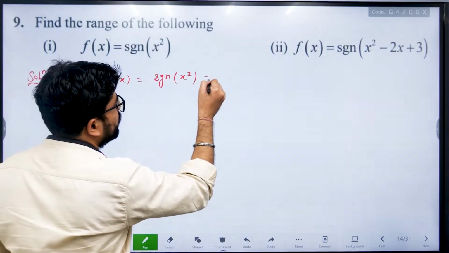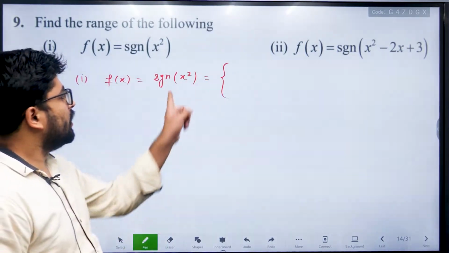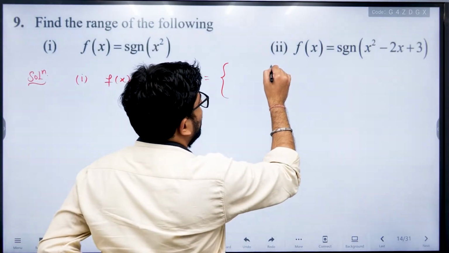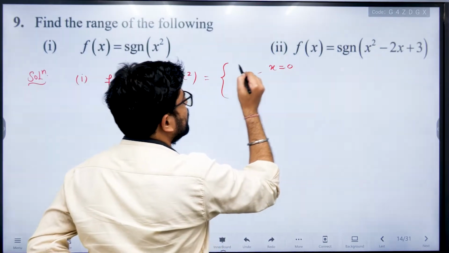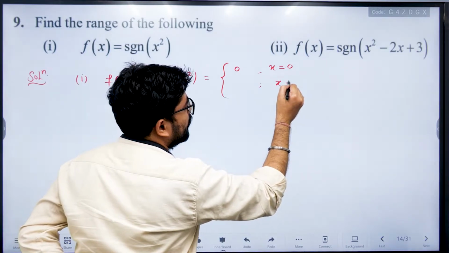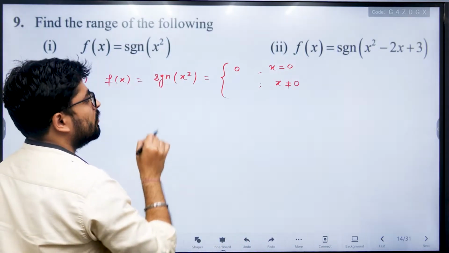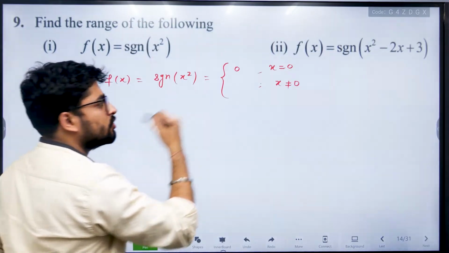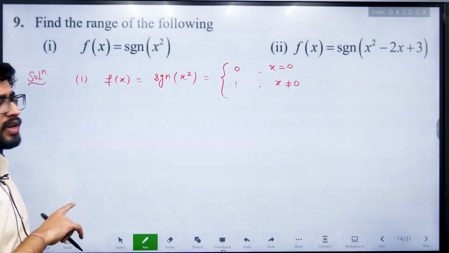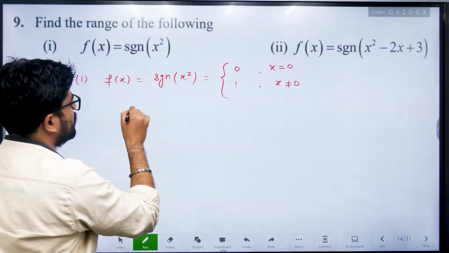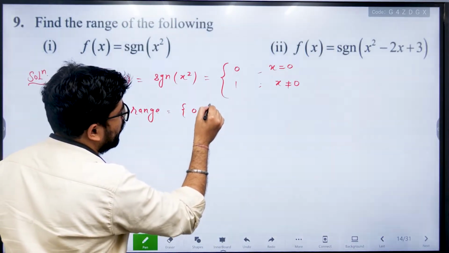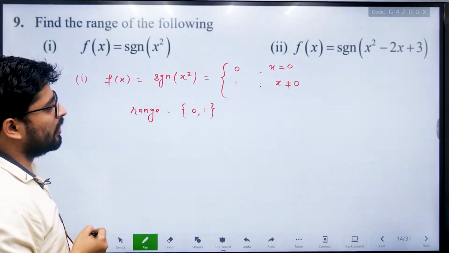It means if you take x equal to 0, x square is 0. So signum of 0 is 0. And if you take any real value other than 0, x square is positive. So signum of a positive value gives you 1. So in the range of the function f(x) we have two values, 0 and 1. So the range is the set having 0 and 1, two elements.